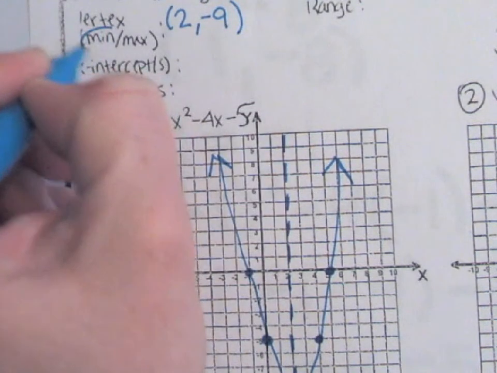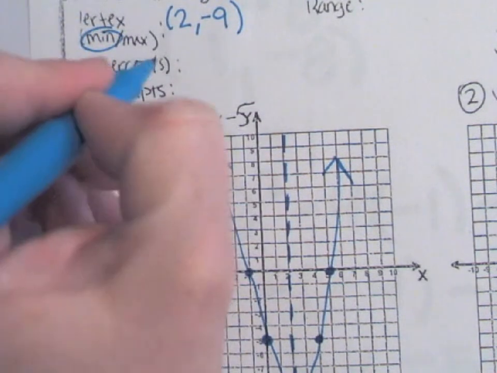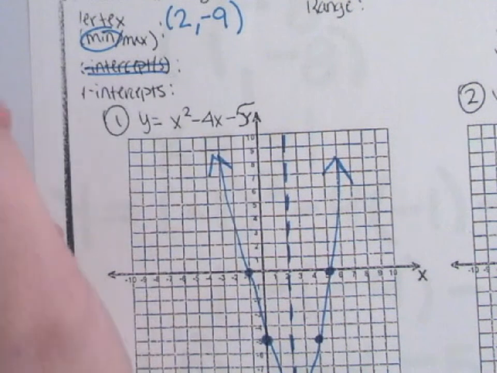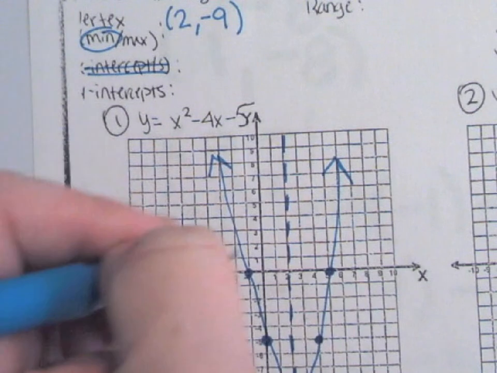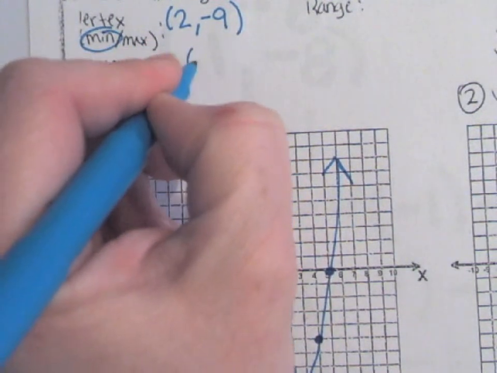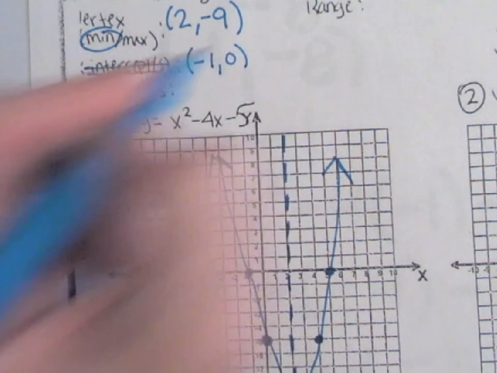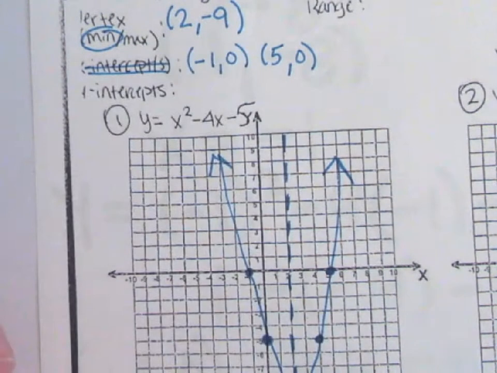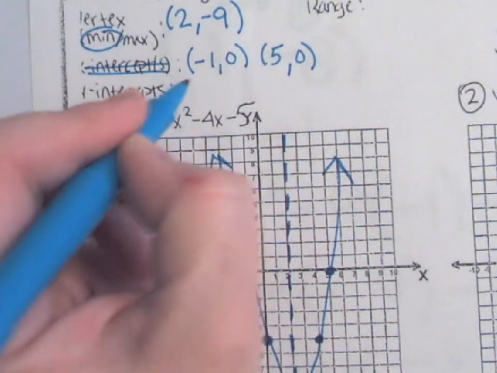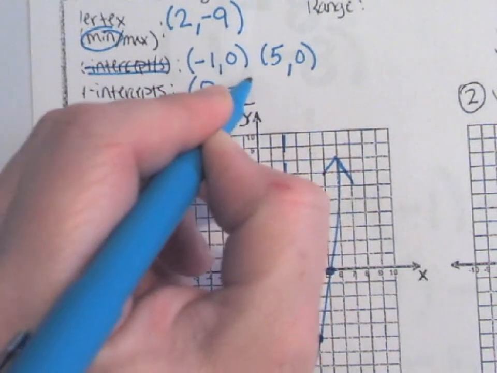This is a minimum. We're not going to worry about x-intercepts right now because we haven't covered that yet. Although we did find them on our graph, you could identify them. It's -1, 0, and 5, 0, but again, we'll look at that later. And my y-intercept was at 0, -5.